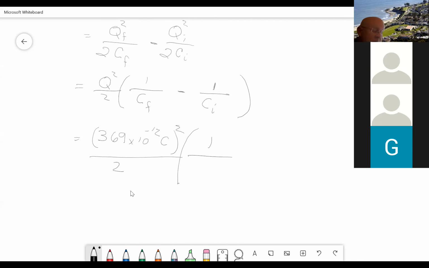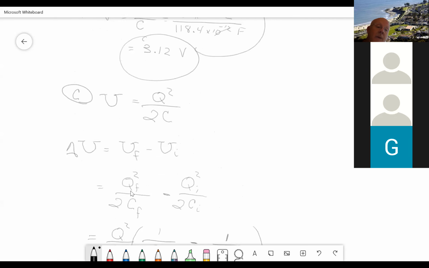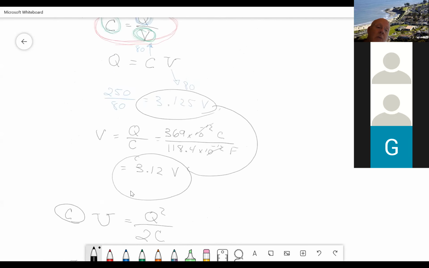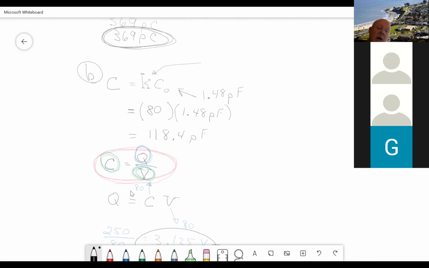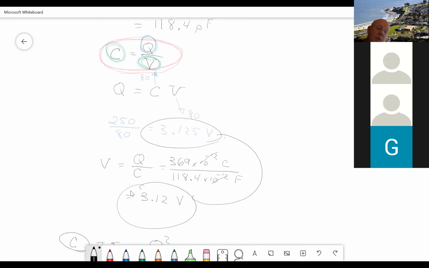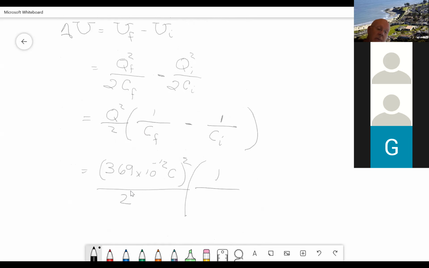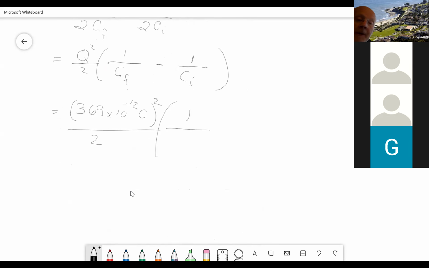And the final capacitance, I need to come back up here to say, what did we get for the final capacitance? Yeah, this is where the initial was increased by a factor of 80. And it came out to be 118.4. So I'll come back here and put 118.4 picofarads.